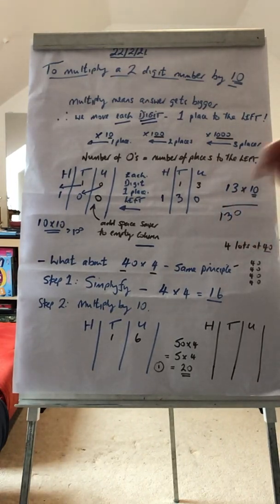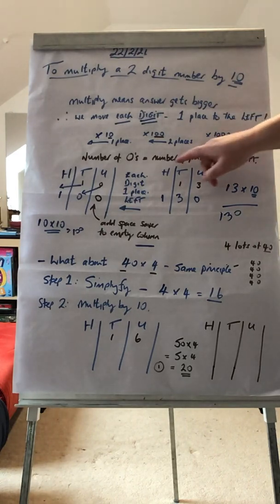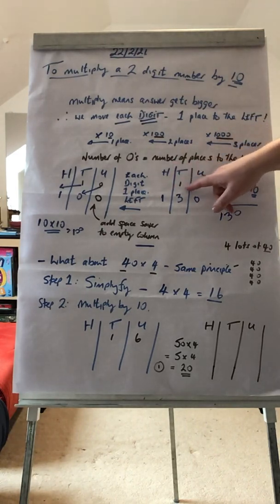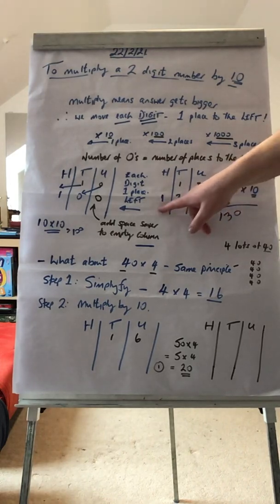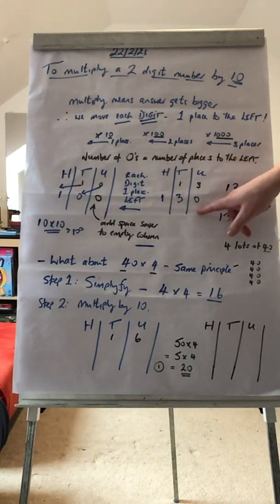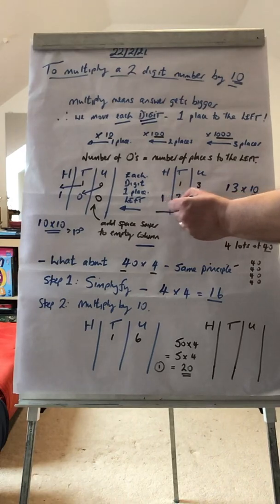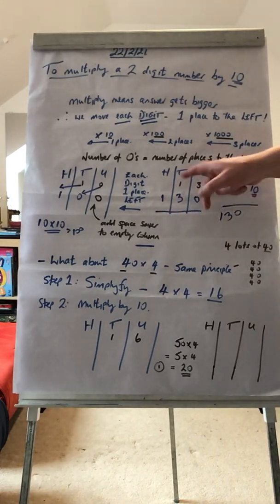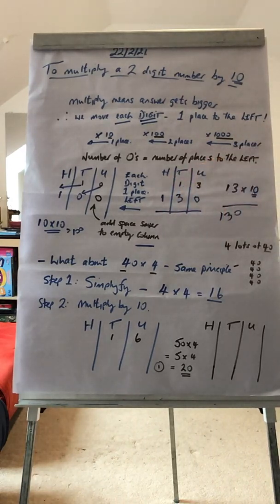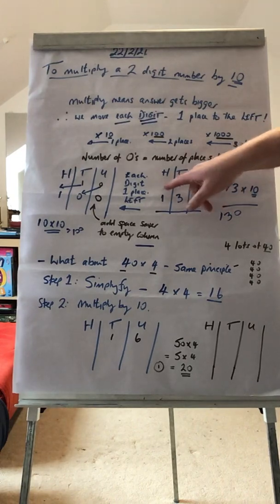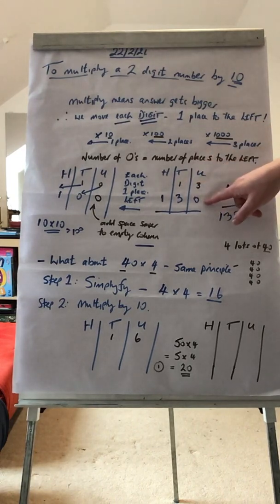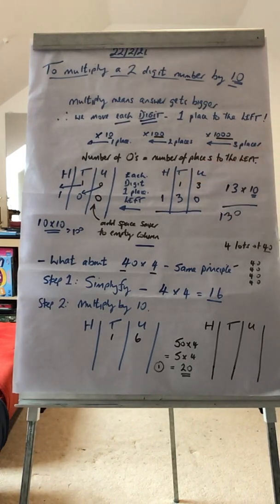That's what you need to do. So when you do this today with Mrs. Baker or Mrs. Broughton, draw out your columns. You're going to start with a 2-digit number. The answer is going to be a 3-digit number. You need to physically move each number 1 place to the left, 1 place to the left, space saver. 130 is our answer.